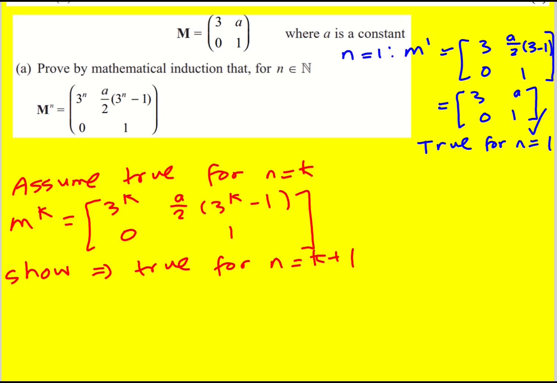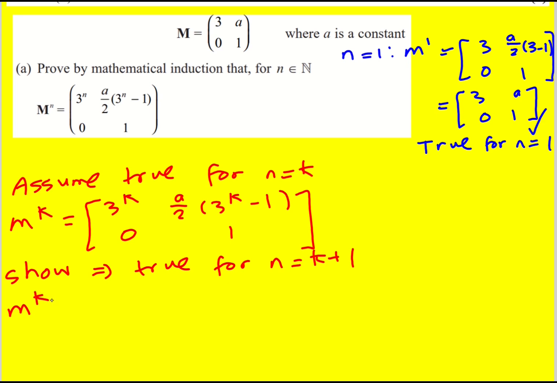So if we can show that if it's true for n equals k, that it's then true for n equals k plus 1, what that means is that the statement when n is 1 will imply that it's true for n equals 2, and n equals 2 will imply that it's true for n equals 3, and so on. And because we've shown that it's true for n equals 1, they must all be true.